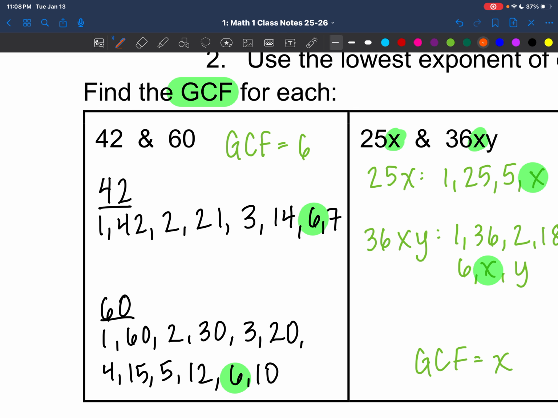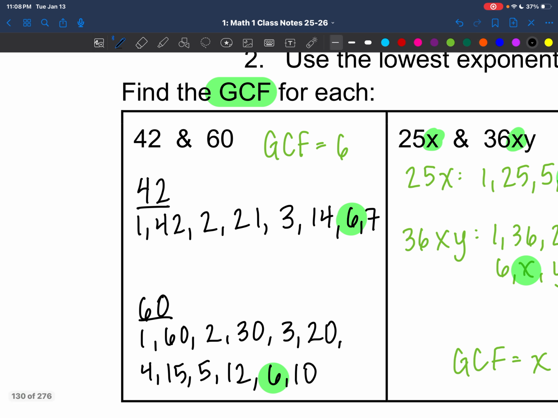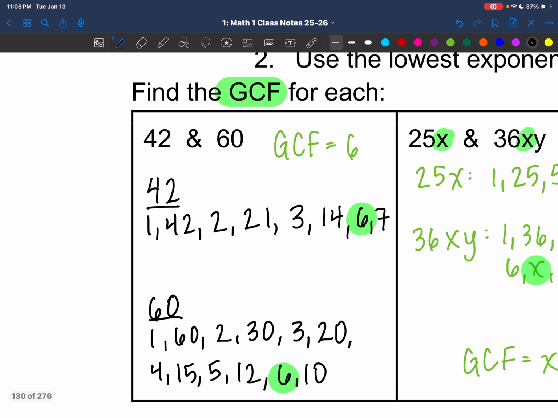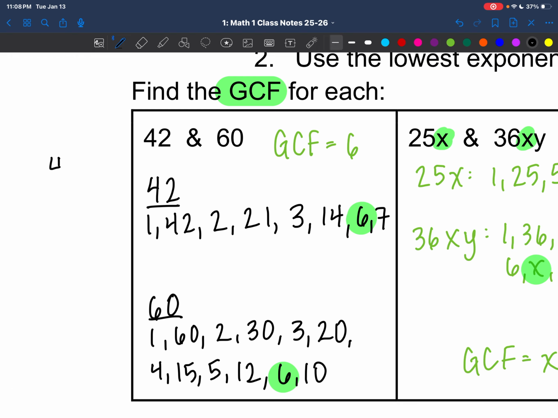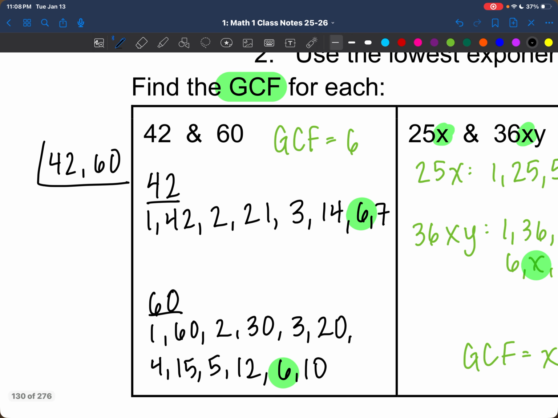Now, you may remember, if you did this in elementary school or middle school, that you could divide each term, let's say, by 2. So we get 21 and 30, and then divide by 3 because they have that in common, and we have 7 and 10.